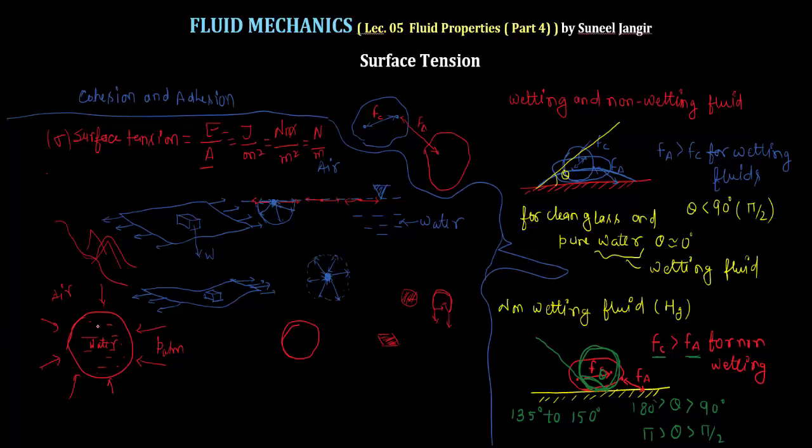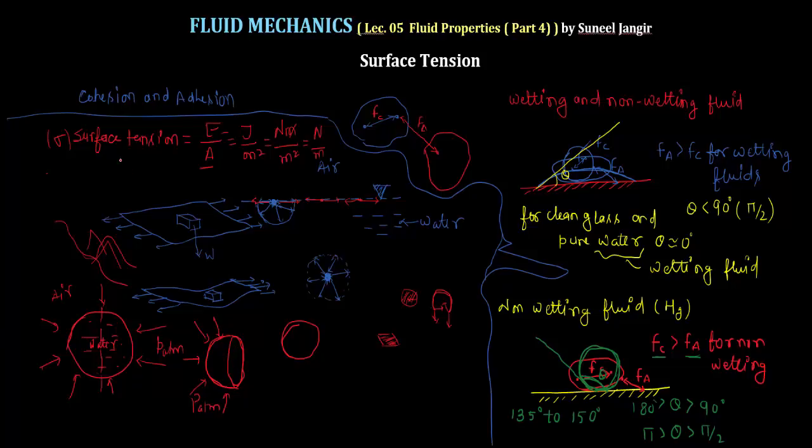Now as there is a free surface, let me cut this droplet here and draw it. This is the half of this droplet. So here is the atmospheric pressure, P atmospheric.